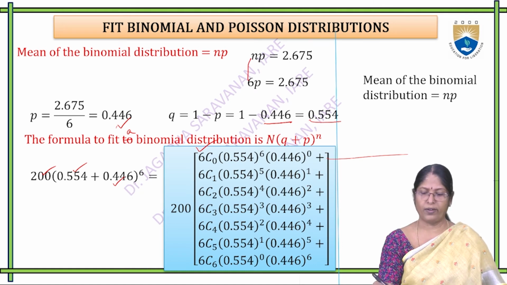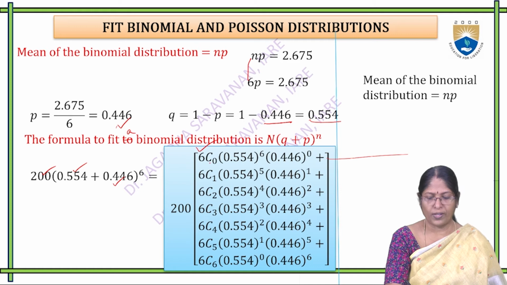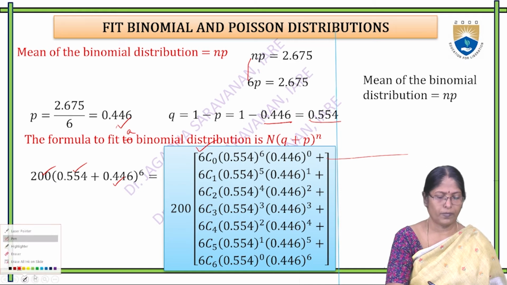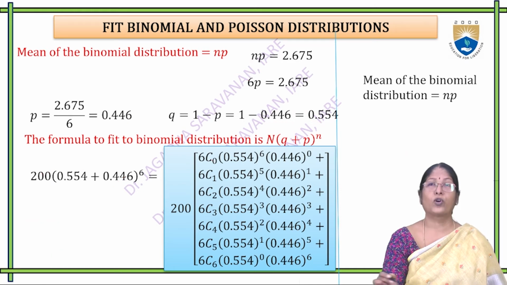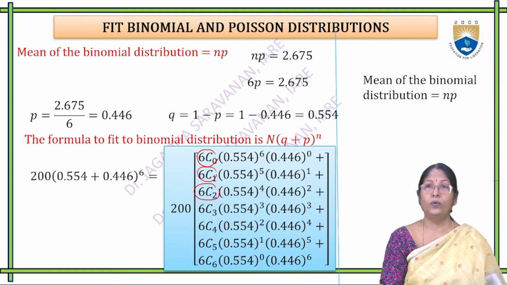Writing one by one, we can easily identify whether we have made any careless mistake or not. First we focus on 6C0, next 6C1, 6C2, 6C3, 4, 5, 6.